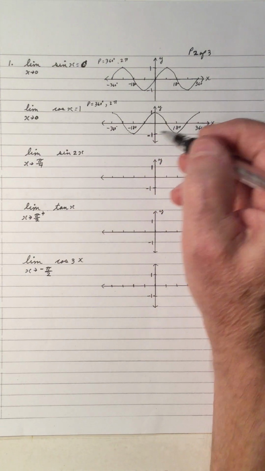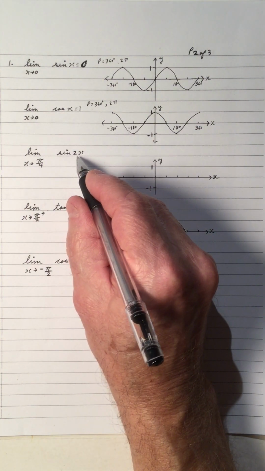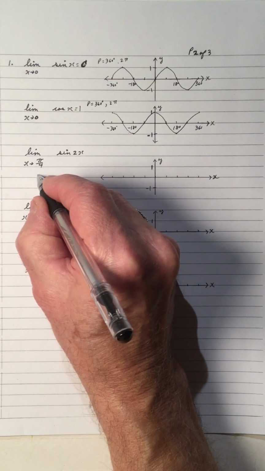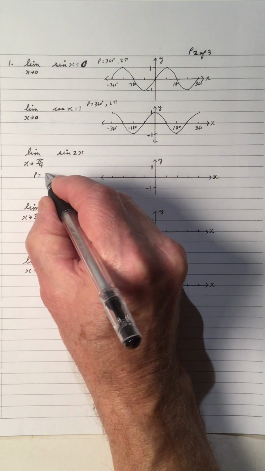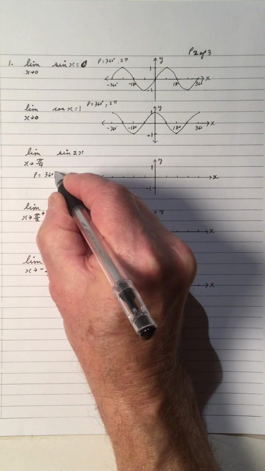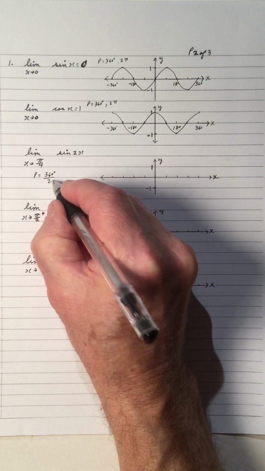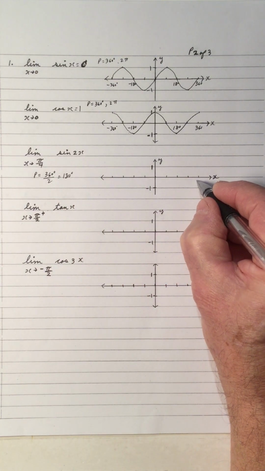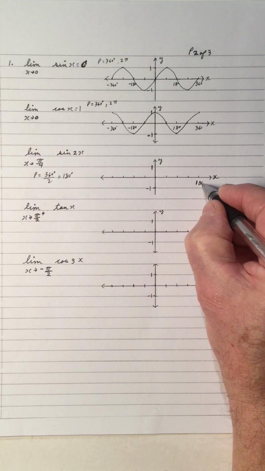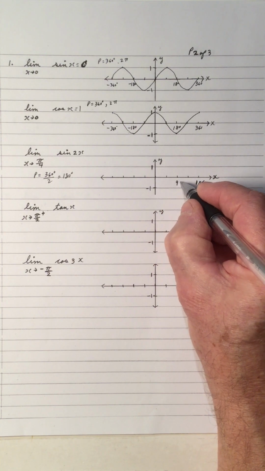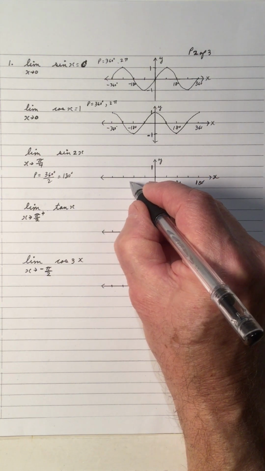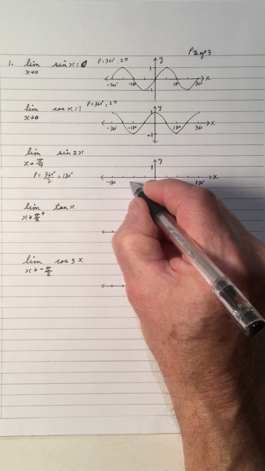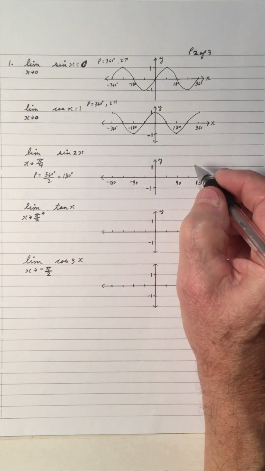Now, what about the sine of 2x? Well, we have a 2x, so the period of sine is 360 divided by 2, so that makes this period 180 degrees. So if we say this is 180, and we make this a 90, and this negative 180, and this a negative 90.